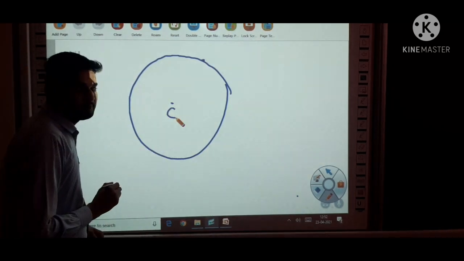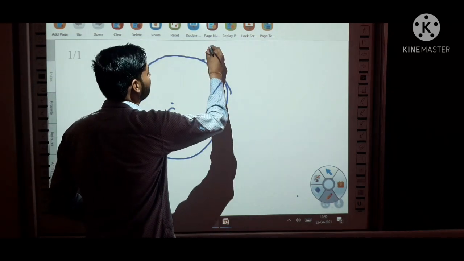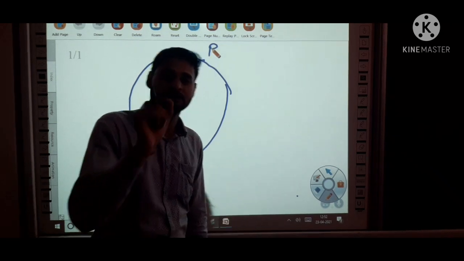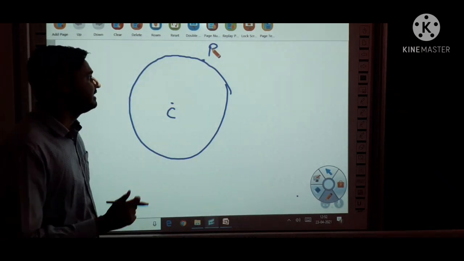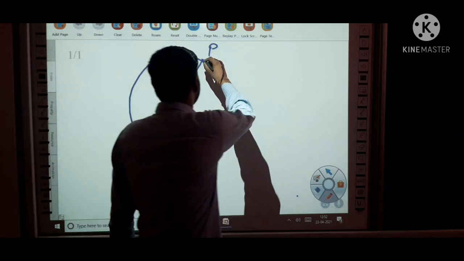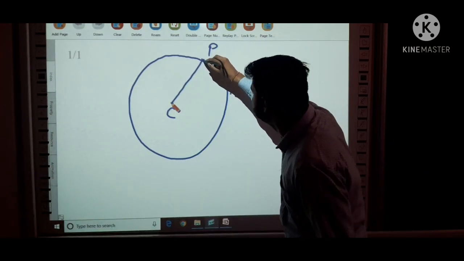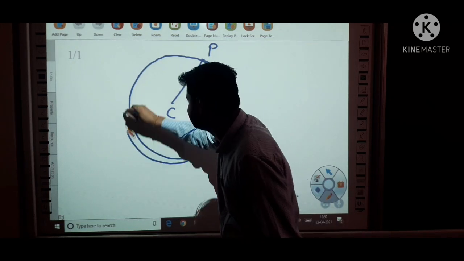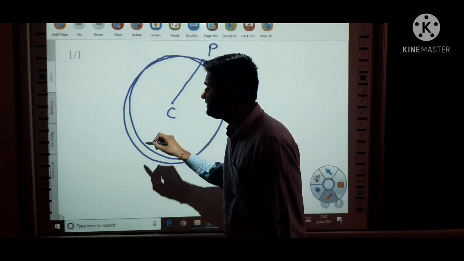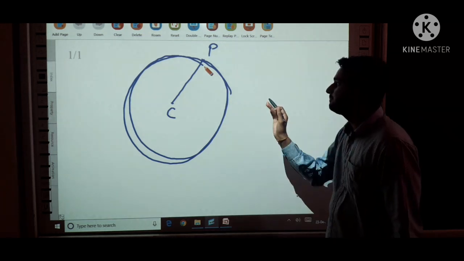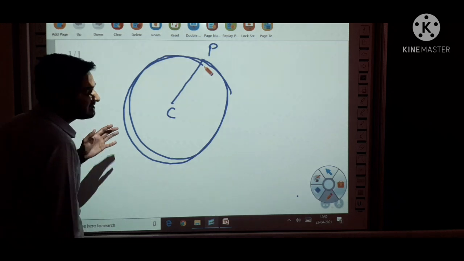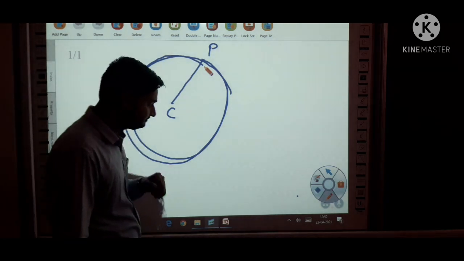It is the locus of all points such that the distance between the fixed point and the moving point will always be the same. If this moving point moves in this plane, then the distance between the moving point and the fixed point will always be the same. So this is the condition for circle.